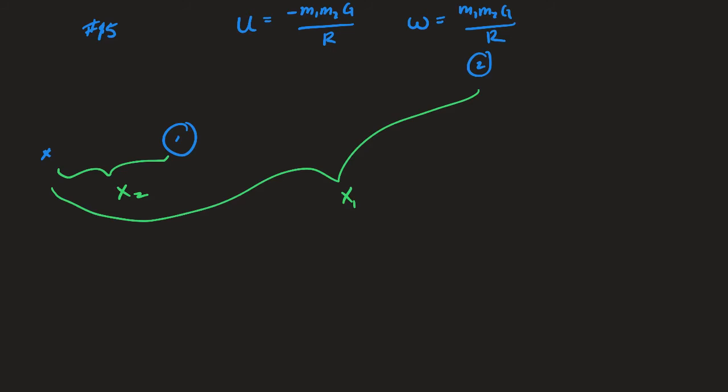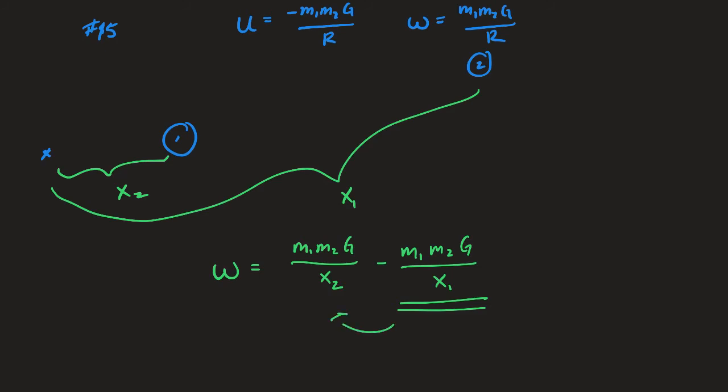So, the idea here is the work done will be... this is the work that represents the amount of energy required for the object to go from infinity to x1. And then we moved it from x1 to x2, so that's the work to bring it from x1 to x2.